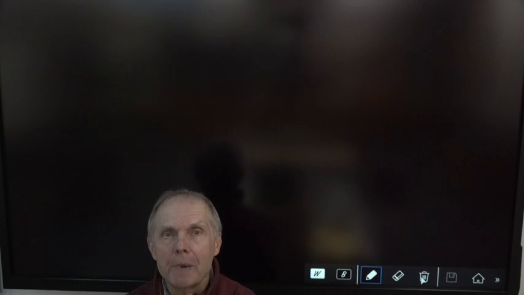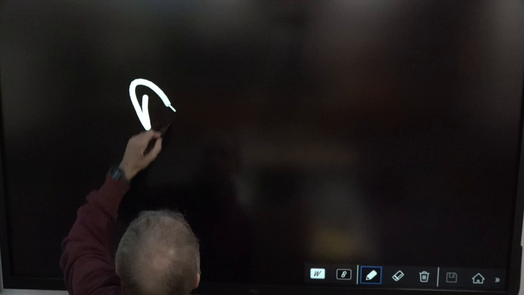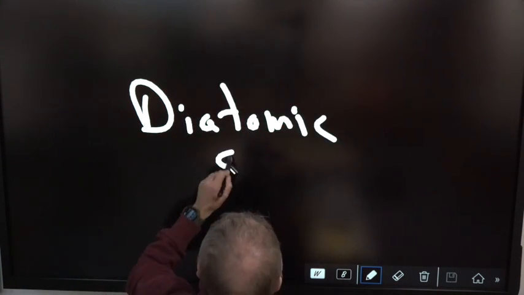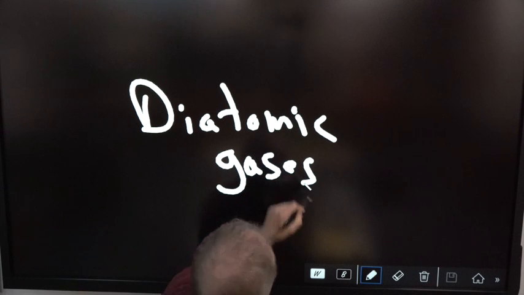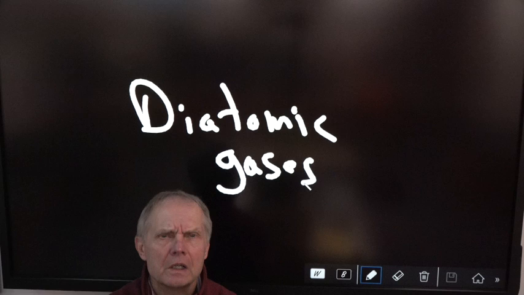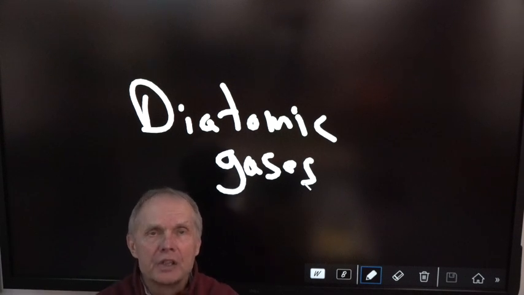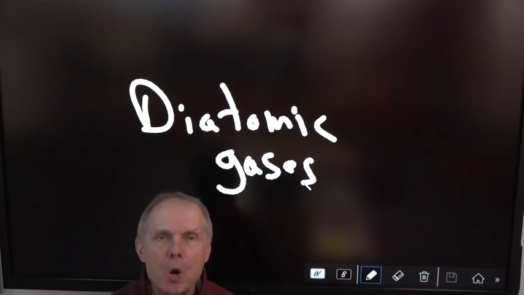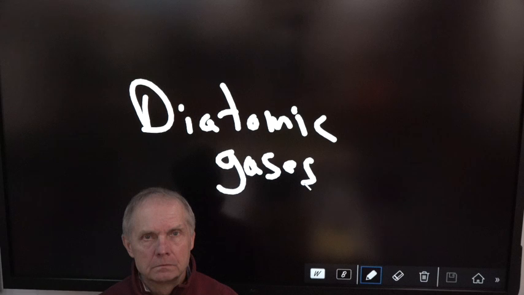If it has non-polar bonds, and remember the only example of non-polar bonds is diatomic gases, then the molecule must be a non-polar molecule.